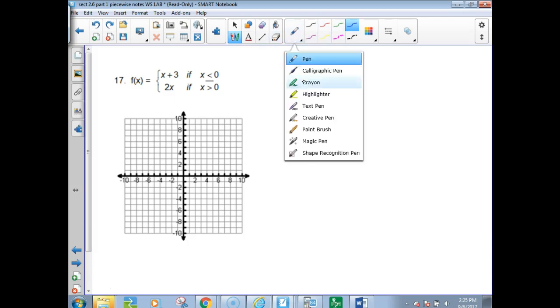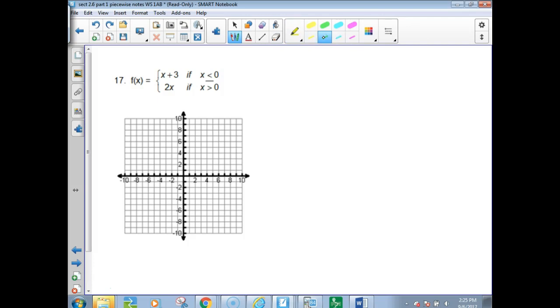Okay, this one's got a boundary of 0. So I'm going to highlight the y-axis, excuse me. Not going to cross it, so part's going to be on that right side and one's going to be on the left. All right, so I use this first equation, x values of less than or equal to 0. I'll put in 0 for sure and get (0, 3). That's going to be my solid dot. Numbers smaller than 0, -1, get 2, -2, I'd get 1.